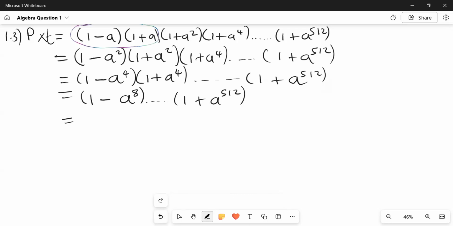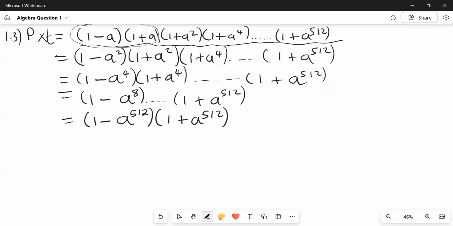So we can simply say this can be 1 minus a to the power 512 multiplied by 1 plus a to the power 512, right? So since now this is a sequence, a to the power 1, now we're moving to a to the power 2, a to the power 4, a to the power 8, and so forth, till a to the power 512.